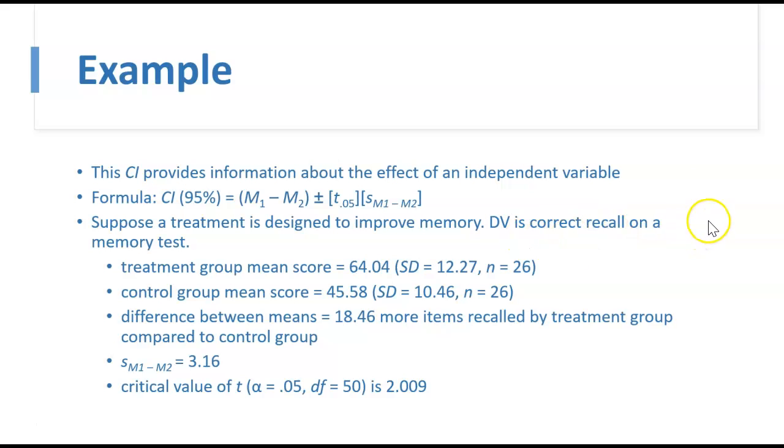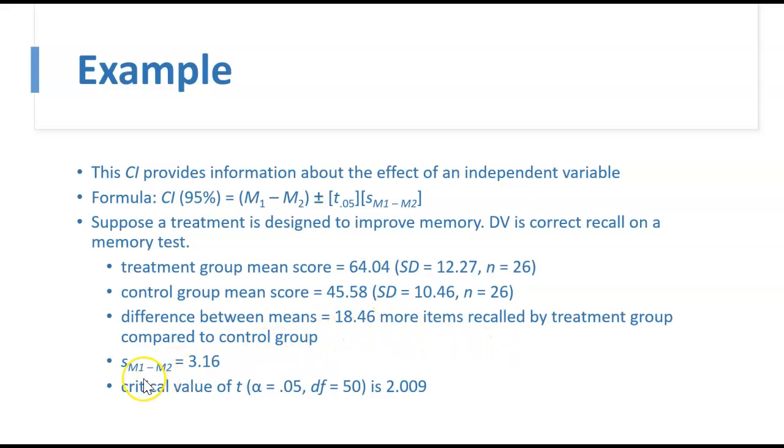The dependent variable is recall on a memory test, and you know what your two means are. So when you eyeball these, the mean number of words recalled for the treatment group is 64. The mean score for the control group that hasn't been exposed to the treatment is 45.58. Here are your standard deviation values and your sample Ns. With those pieces of information, you have the necessary components for determining your confidence intervals.